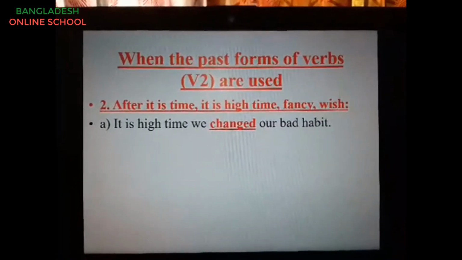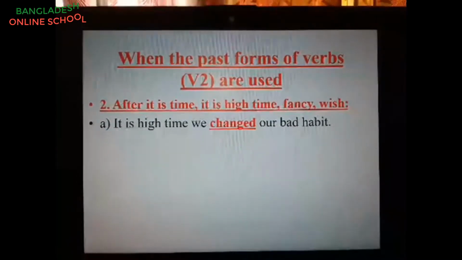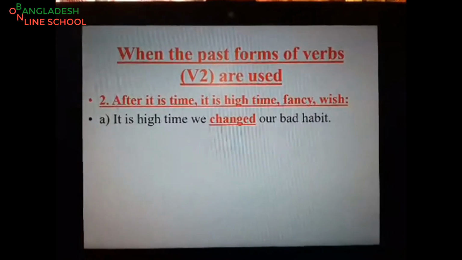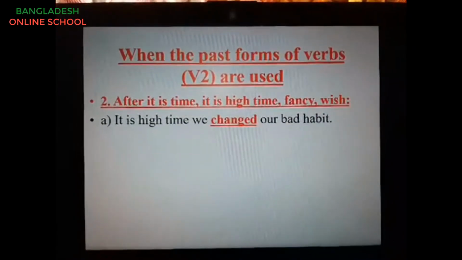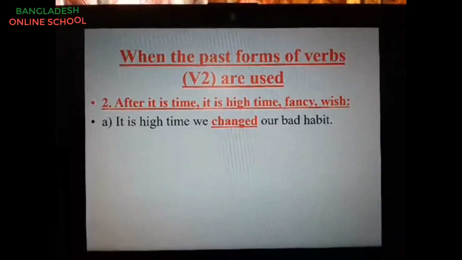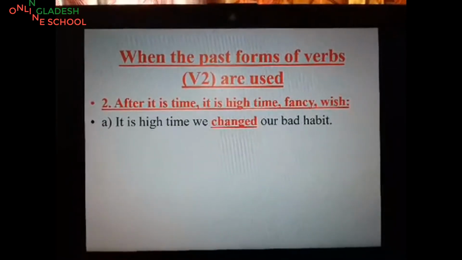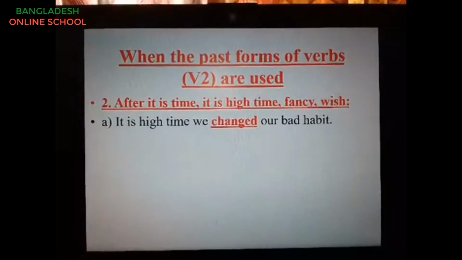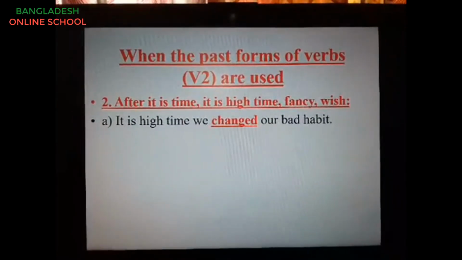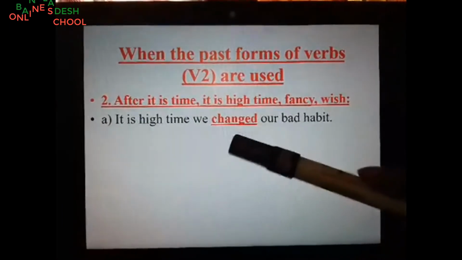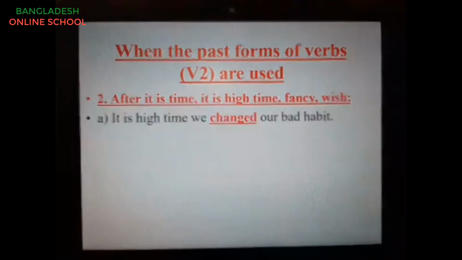In বাংলা এখনই উপযুক্ত সময় আমাদের বদঅভ্যাসগুলো পরিবর্তন করার। Since in this sentence there is it is high time, for this reason in the next clause past form of verb is used, that means changed is used here.